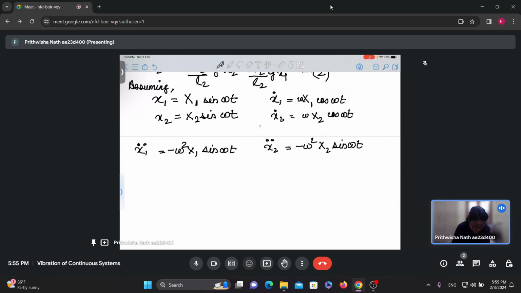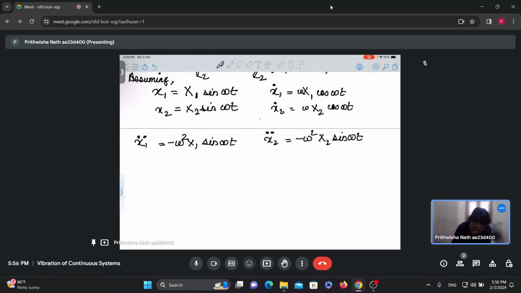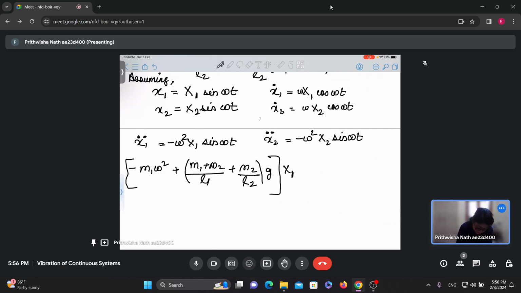Now substituting this in the equation, in place of m1 x1 double dot, what we get is minus of m1 omega square plus (m1 plus m2) divided by L1 plus m2 by L2, whole multiplied by G, into x1 equals m2 L2 G into x2.